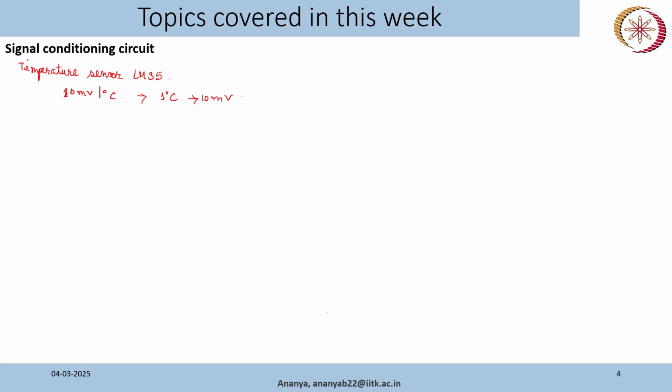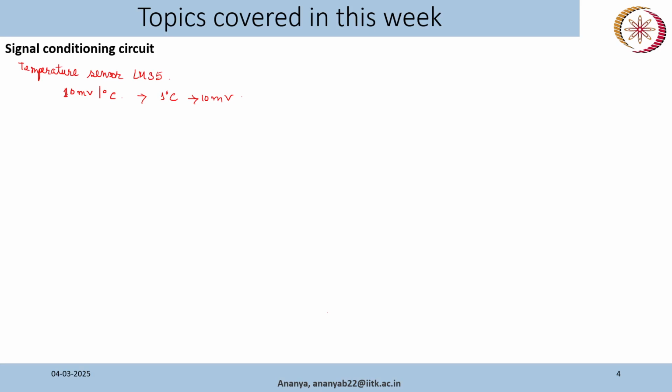Now, what a signal conditioning circuit will do is match the output of the sensor to the circuit that we are connecting. As I mentioned earlier, we don't use the sensor alone, we make a system out of it.